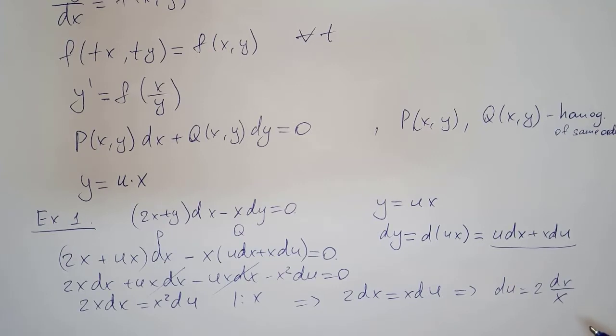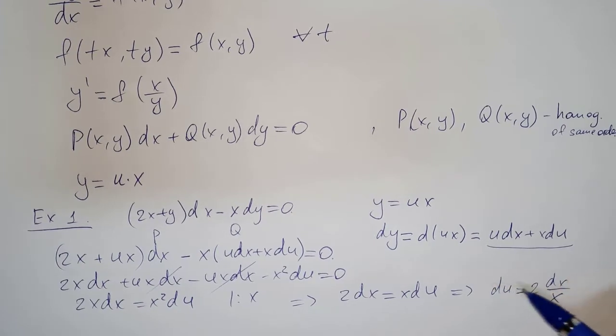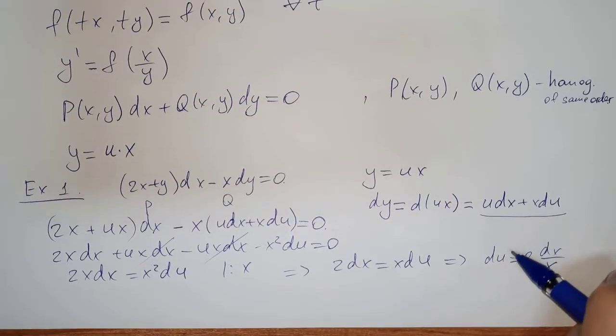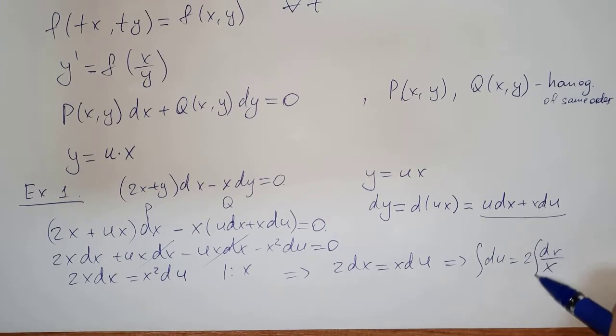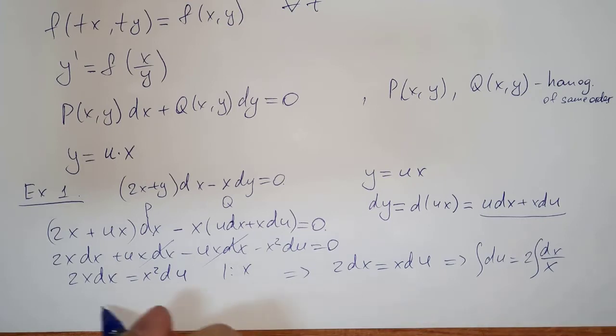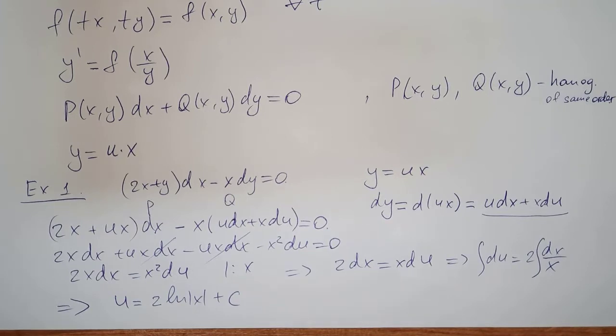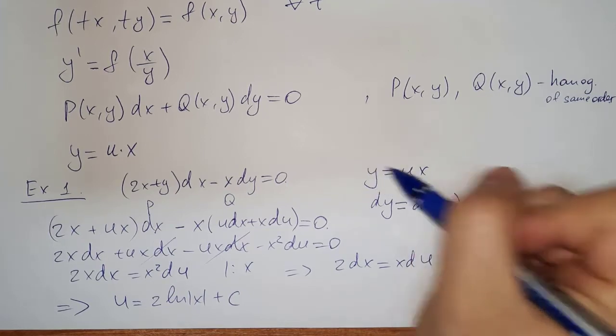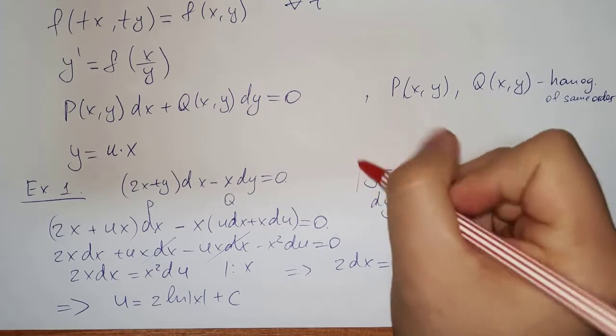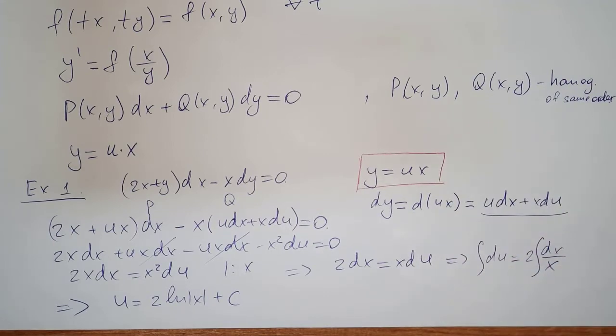And now let's integrate both sides of our equation, and we obtain after integrating u equals 2 natural logarithm of x plus C, where C is a constant of integration. And now returning to our old variable y, however we substituted y is ux, so let's return it.